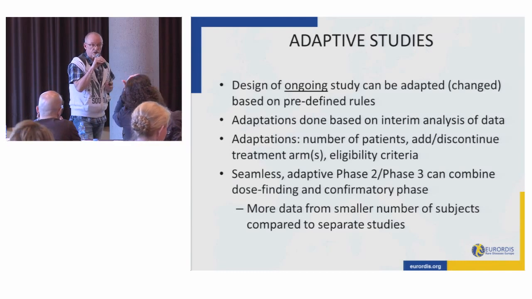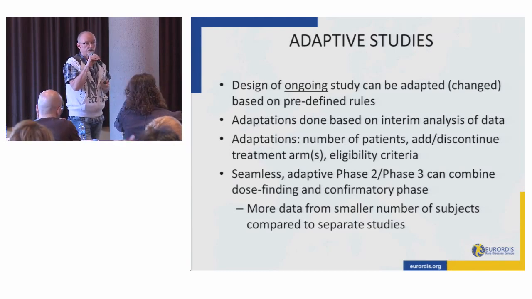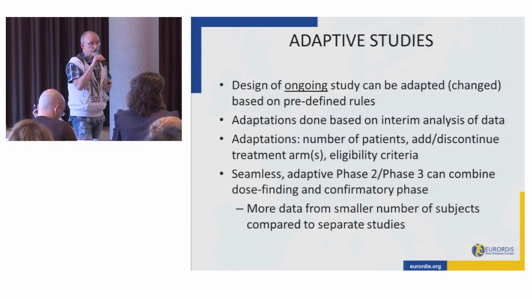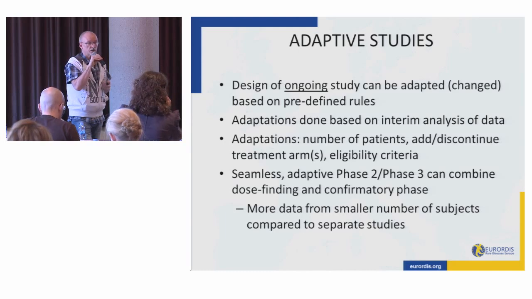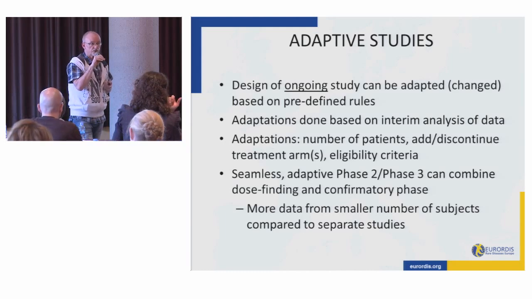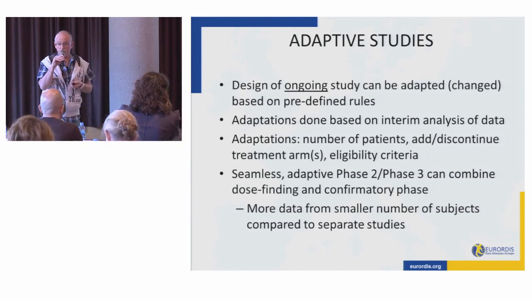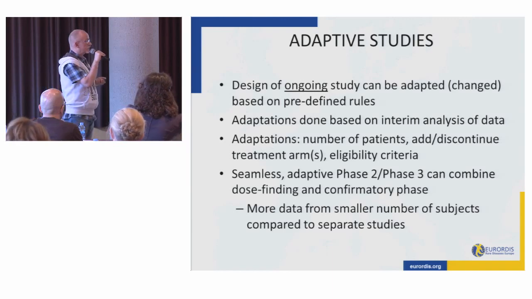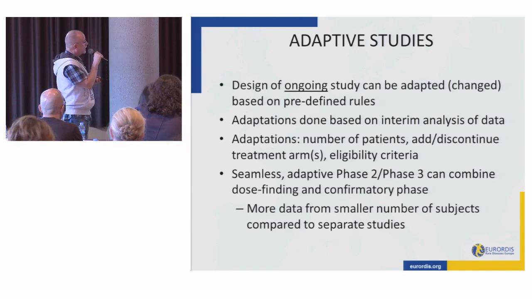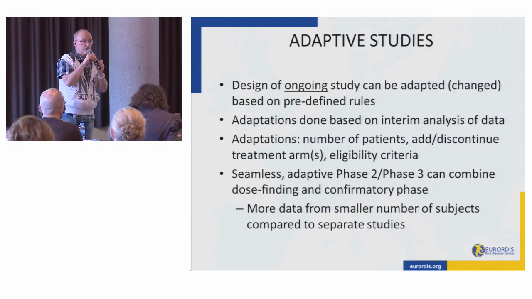They're actually encouraged by the regulatory authorities because they are an effective, efficient means of finding out whether there's a promise that could be then tested in a confirmatory study. And you can do your dose ranging as well with adaptive designs. But important is that you have to pre-plan what adaptations are possible.